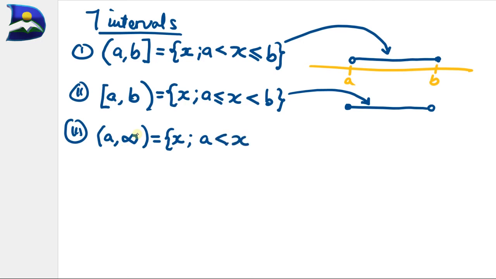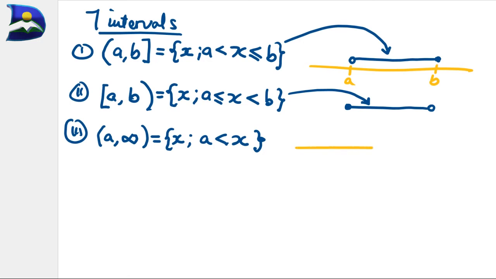So it means that all the numbers of x, or all the set of numbers, are greater than A. And so showing this on the number line, we are going to have our first introduction to a different type of line.